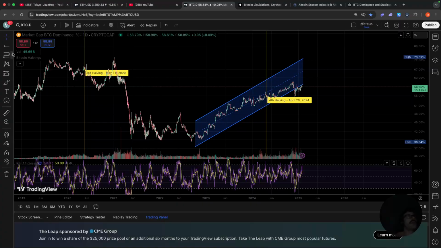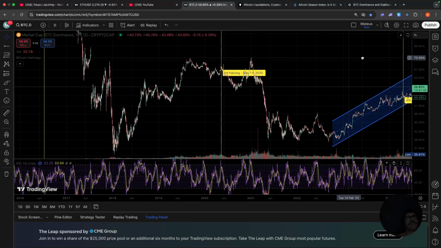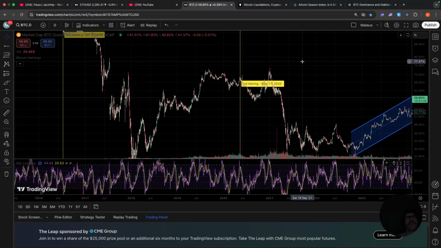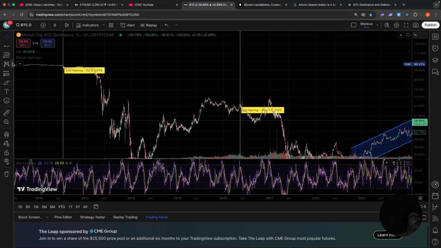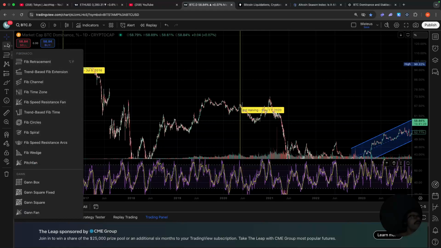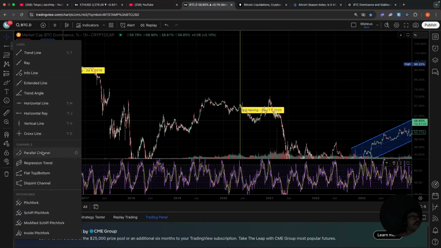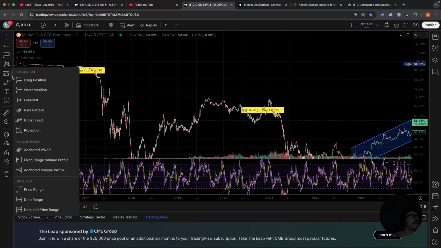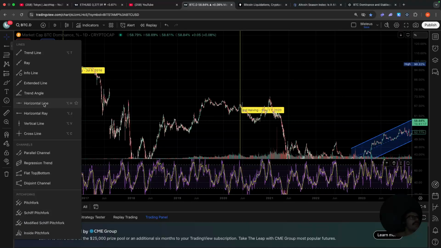So what I like to do, which is actually a good way to get an easy visualization of what is happening, is I can just, how can I get a rectangle here? I forgot how to use this, but let me find it in a second.